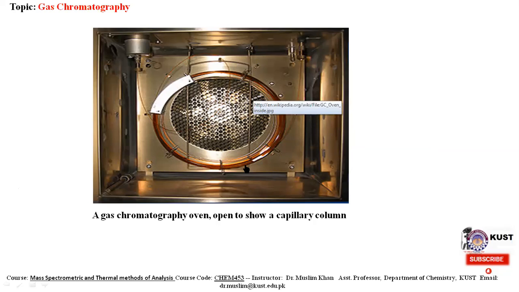This is showing the capillary column. When the mobile phase comes with your sample through this column, some of the components are retained more and some less. On the basis of this retention and partitioning behavior inside the column, the different components are separated and then subjected to the detector.